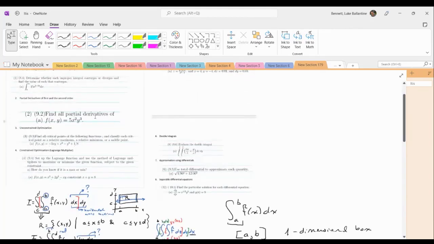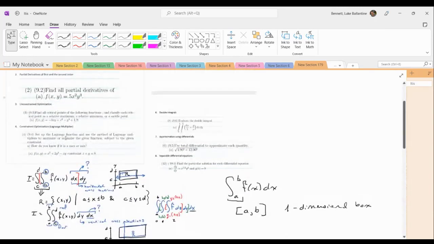But find all partial derivatives, you could just call this a calculus 1 problem, take out a single variable and say find the derivative. Unconstrained optimization, relative max and mins. Remember the second derivative test. The critical points are where the derivatives are 0, the same as in calculus 1. Then to classify them, you need the discriminant.